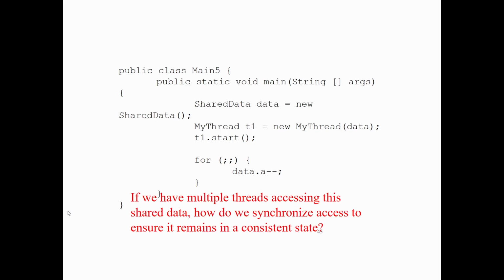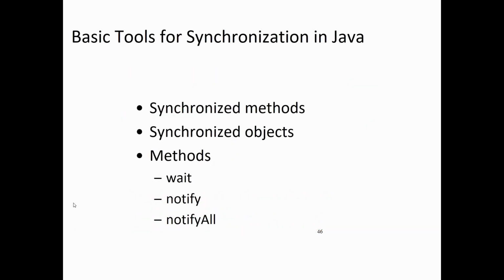That's why now I'm switching to the most sophisticated element of multi-thread programming, the idea of synchronization. I will only introduce it today because it will be the main topic of the next lecture. So how do we do synchronization in Java?